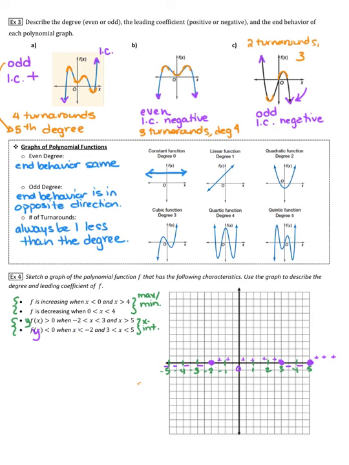So that means I have a max or a min at x equals 4, and I'm decreasing between 0 and 4. Okie dokie. So at 0, I was increasing up to 0 and decreasing after it. So that means, if you kind of look at a number line, if this is 0, I'm increasing up to 0 and decreasing after it. That means you're hitting a maximum right there.